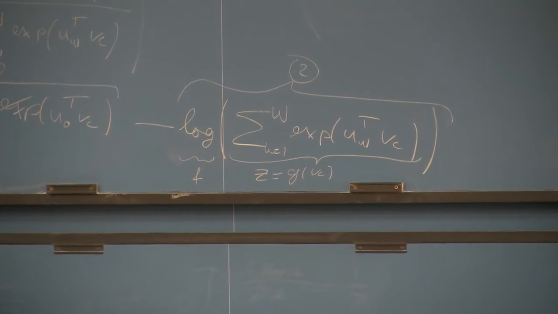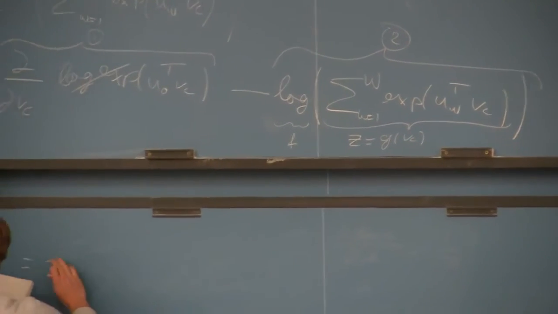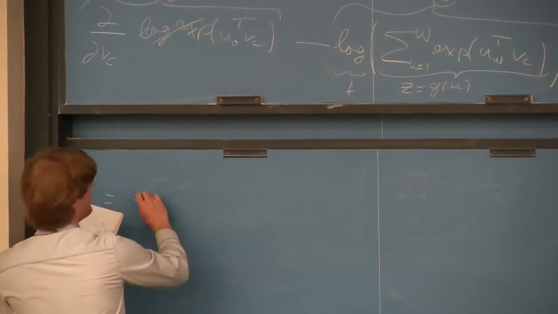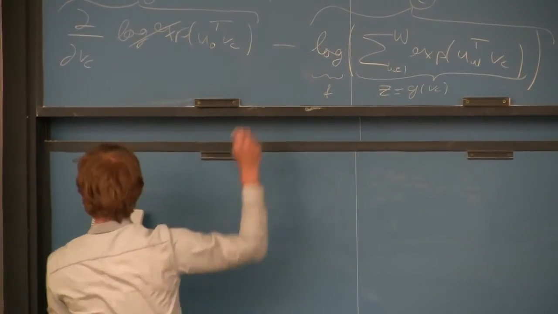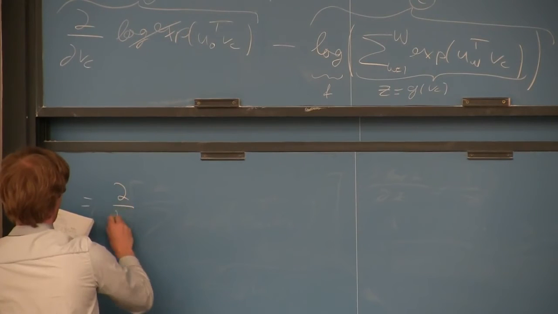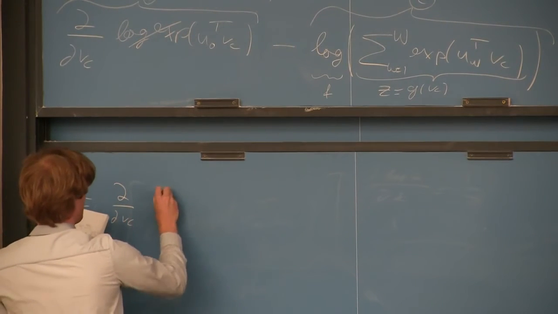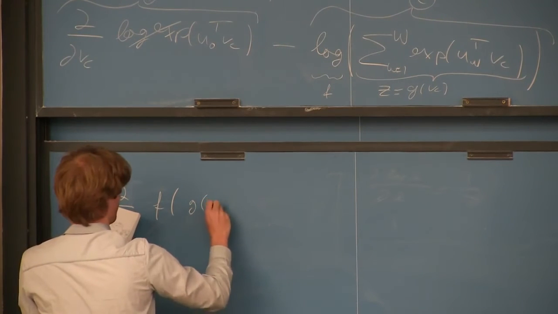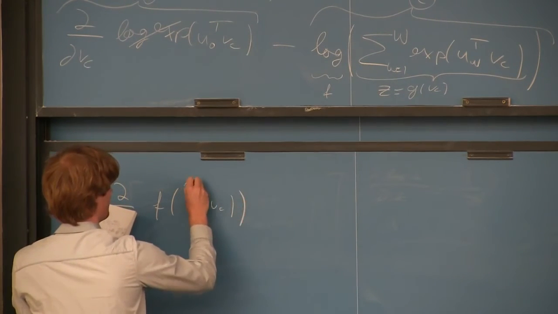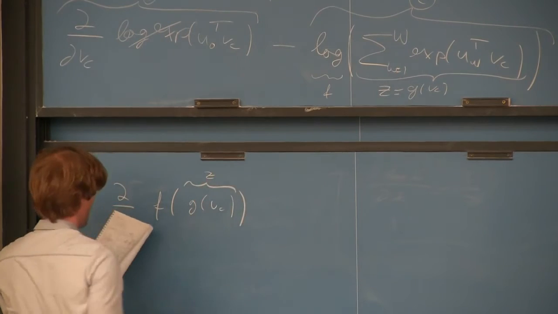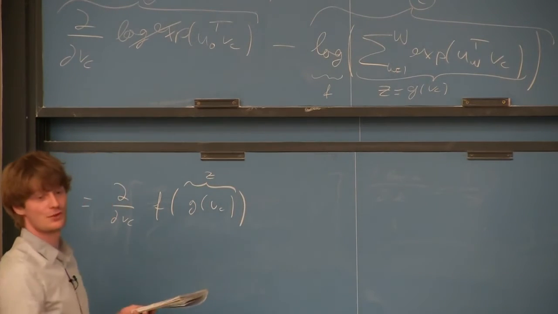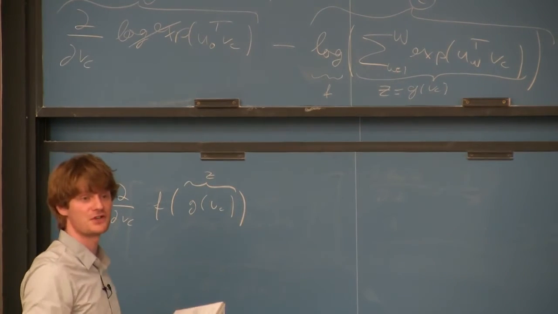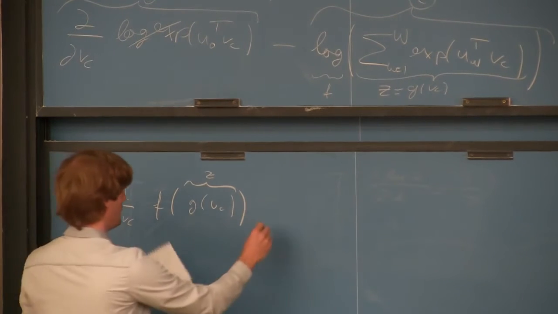So now we could rewrite this as, let's ignore the minus for now but not forget that we have it, the derivative with respect to v_c of f of g of v_c. And again, this part here is z. I'm not trying to confuse you by introducing new notation, but this is how we'll refresh the chain rule, which will be very useful in the future.